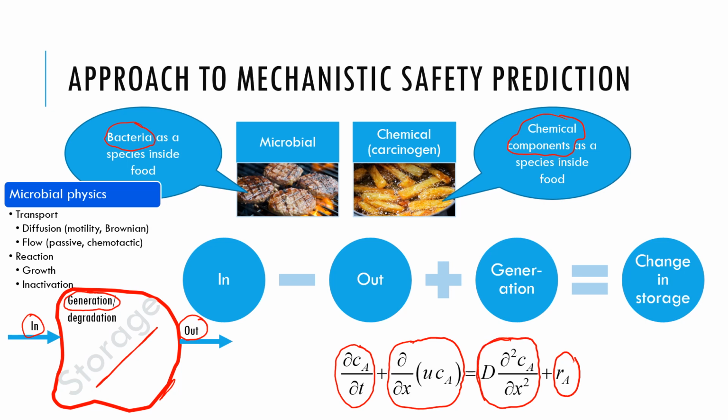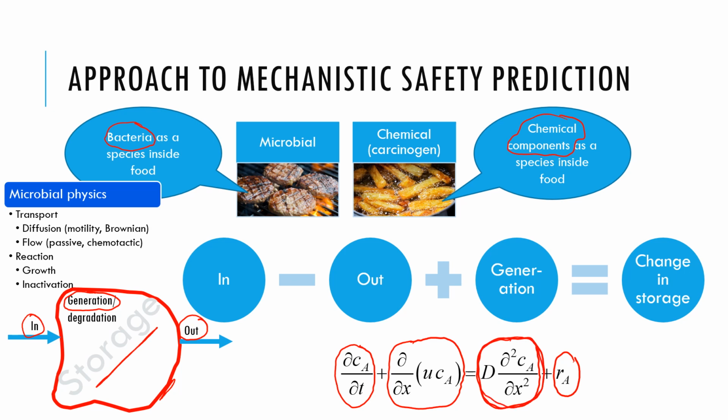Diffusion, for example, can be due to random motion, or motility, simply because the bacteria is a living thing. Diffusion can also be due to Brownian motion from just having energy. So it's basically random motion. That's what this term stands for.